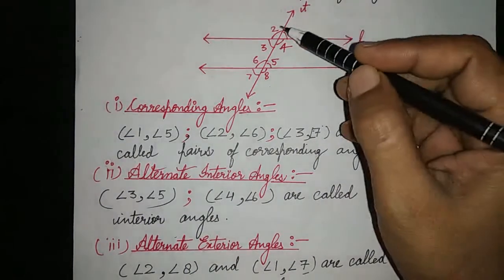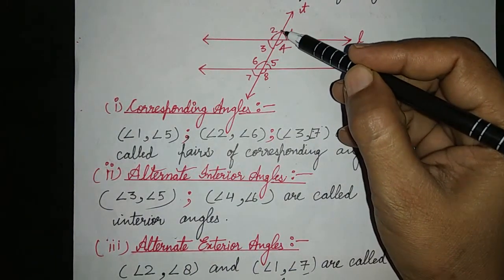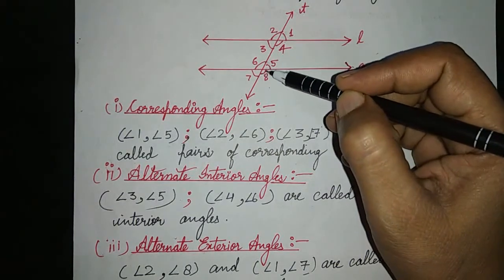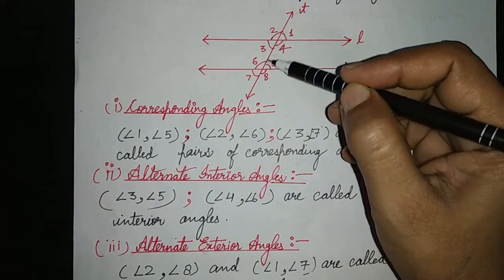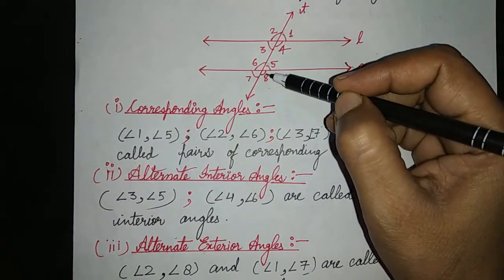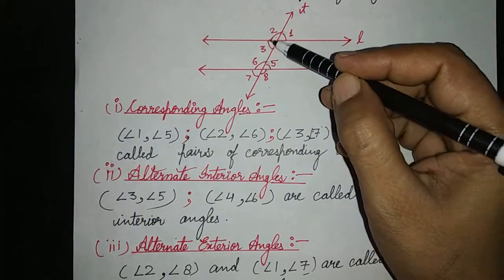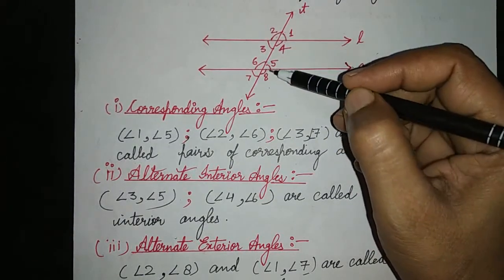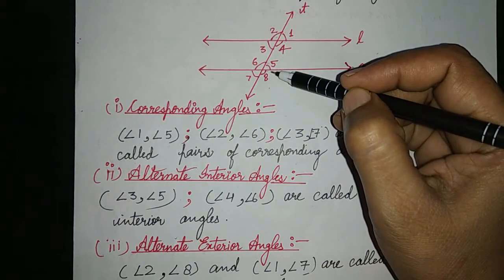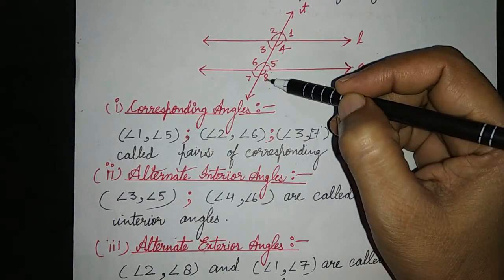Here angle 2 and angle 8. This pair of angles is known as alternate exterior angles because you can see they are outside of the parallel lines, on the transversal line.